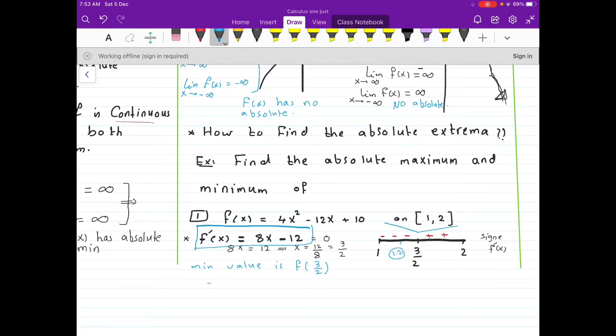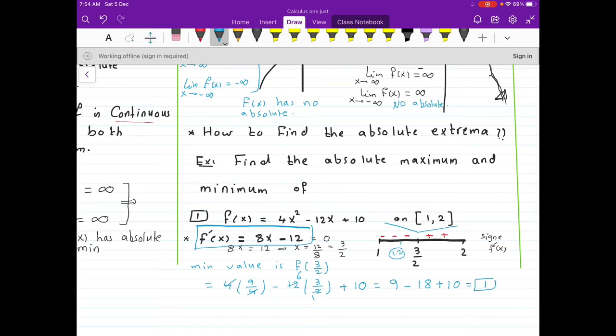f of 3 over 2: we substitute in the function, 4 times 9 over 4 minus 12 times 3 over 2 plus 10. So this is equal to 9 minus 18 plus 10, which equals 1.